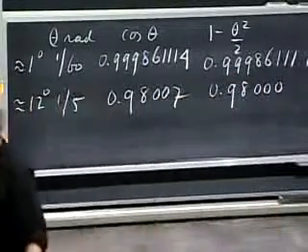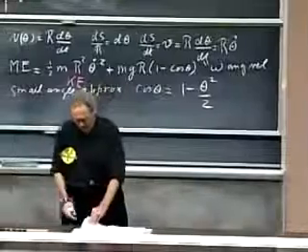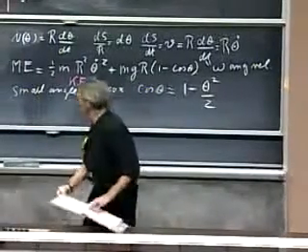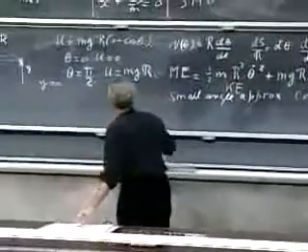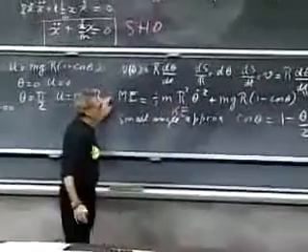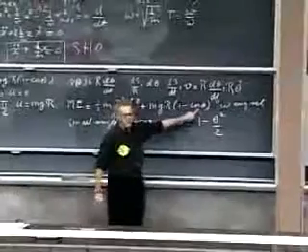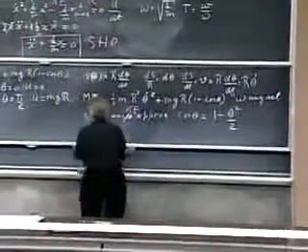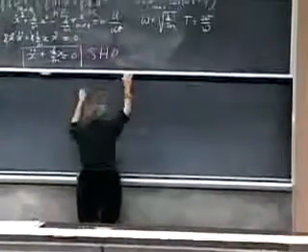It only differs by 7 parts in 100,000. So the difference is less than 1/100th of a percent. So with this in mind, I feel comfortable to pursue my conservation of mechanical energy, and I'm going to replace this cosine theta by 1 minus theta squared divided by 2.